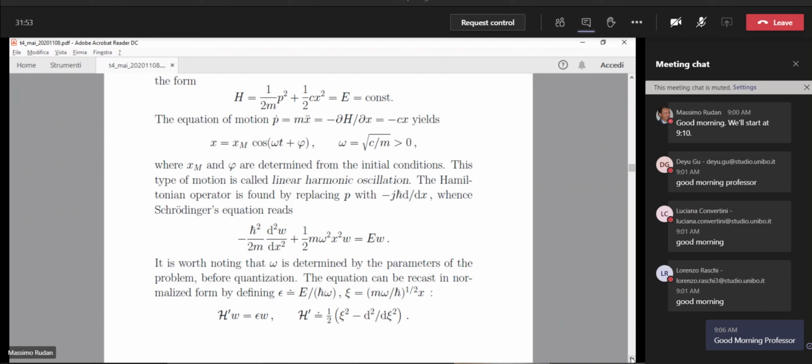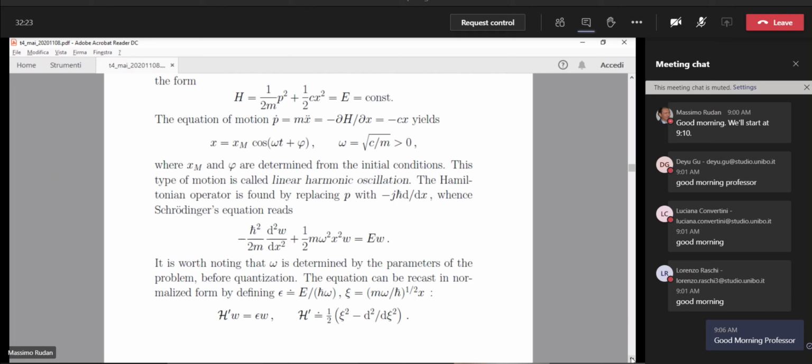Now, there are two possible methods for solving this equation. One method is by brute force. That is, what we do is we expand the solution W formally in a power series.